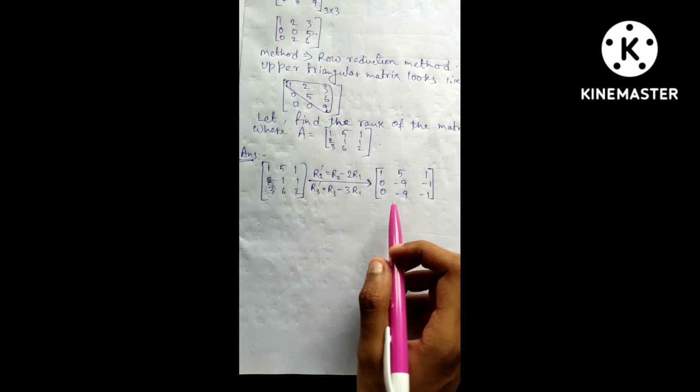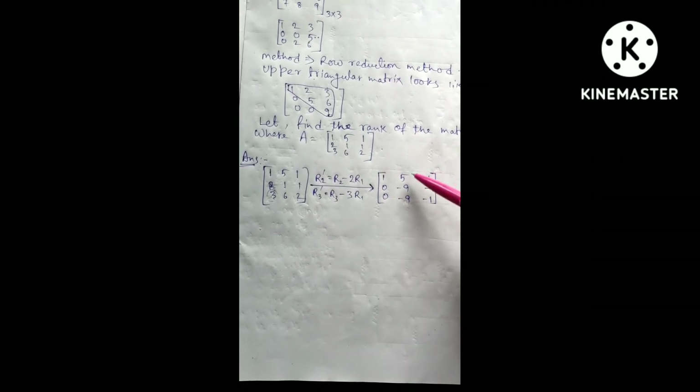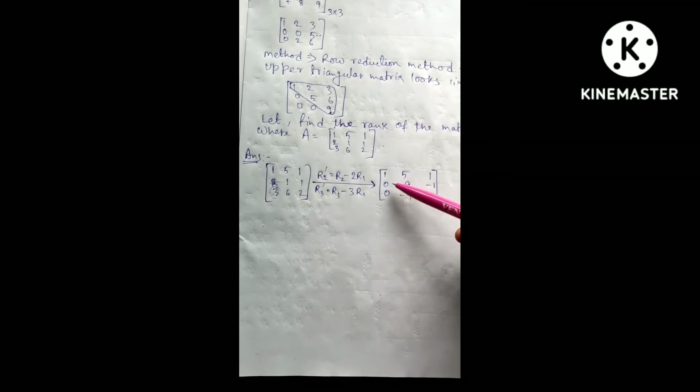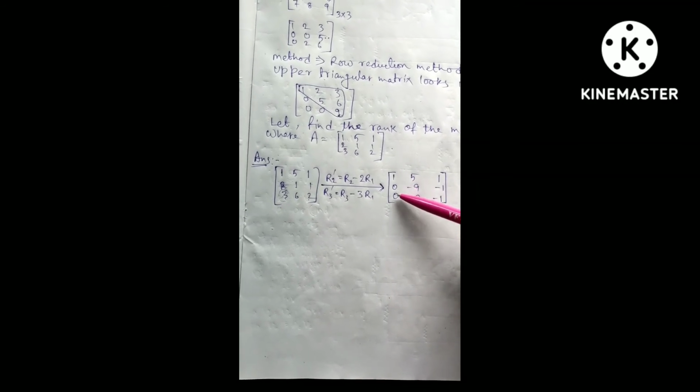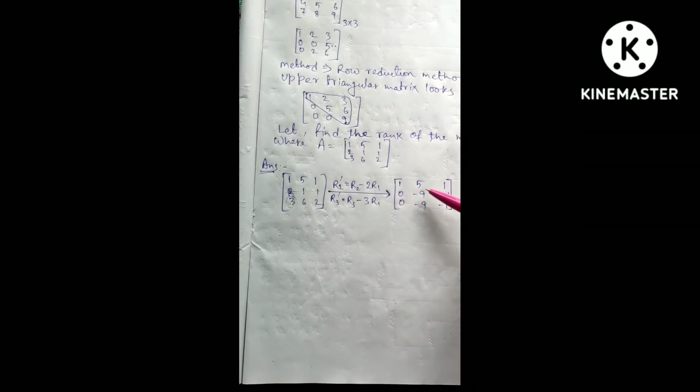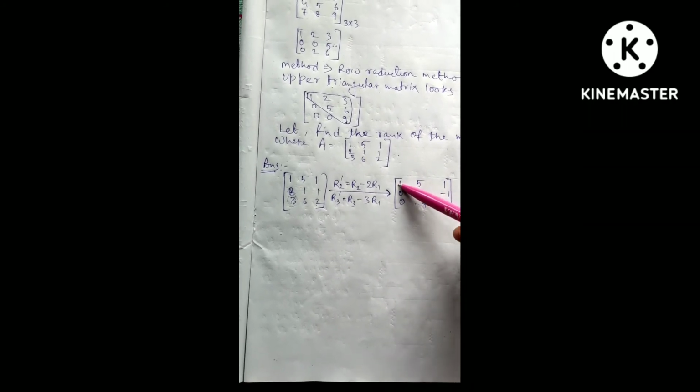Now you notice very carefully that these elements, that means the first element of the second and third rows, are 0, but the other elements are not 0.